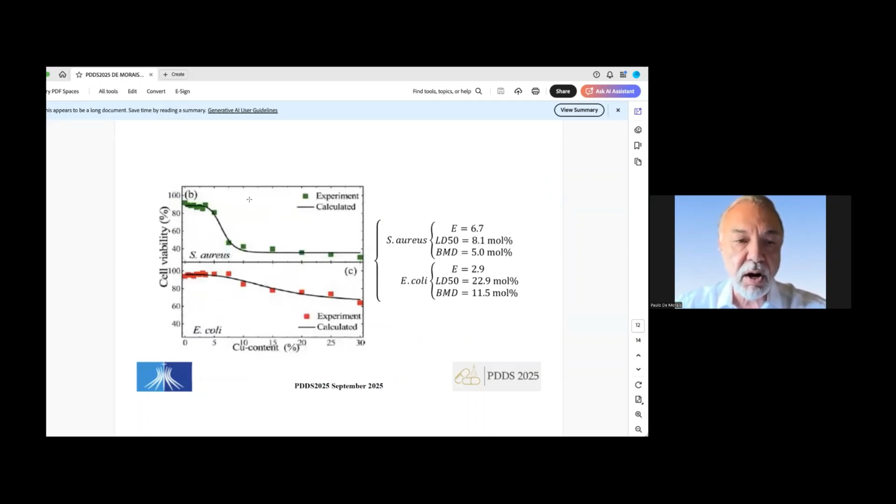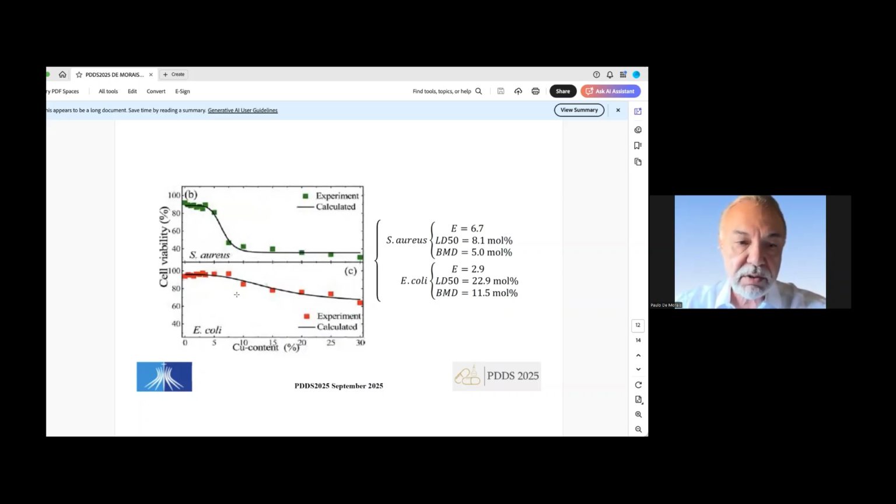On the upper part, we see the S. aureus test. The green symbols are the experimental data, so you can see that the cell viability reduces as the copper content, which is the doping copper in tin oxide, increases from 0 to up to 30%.